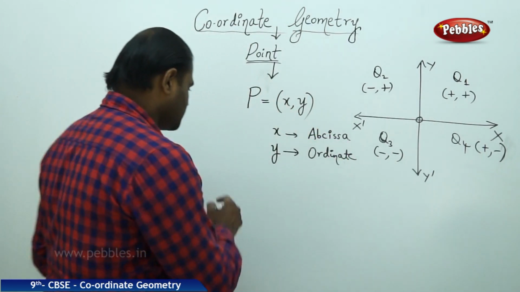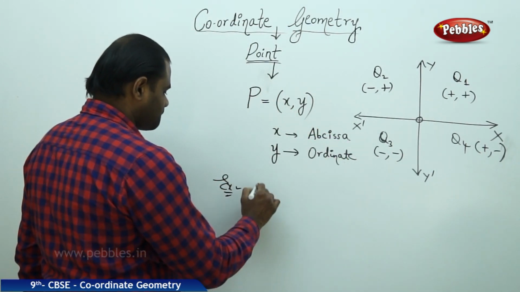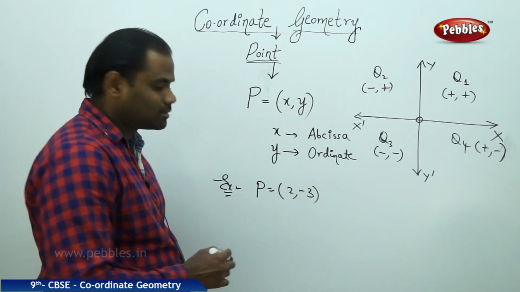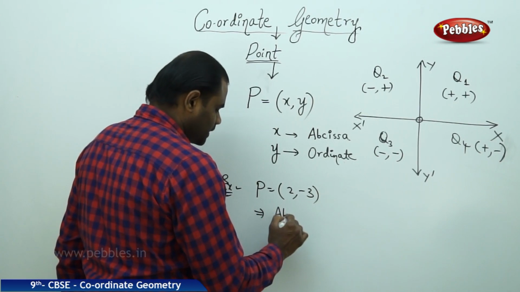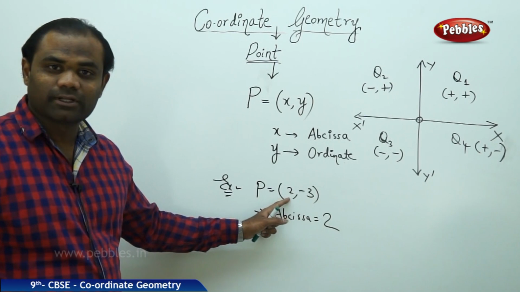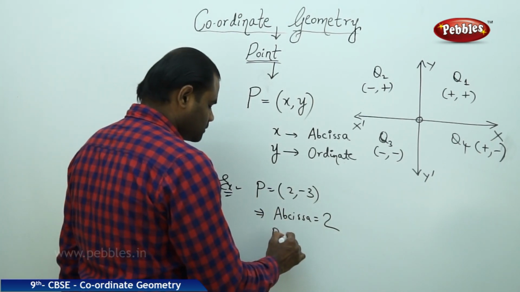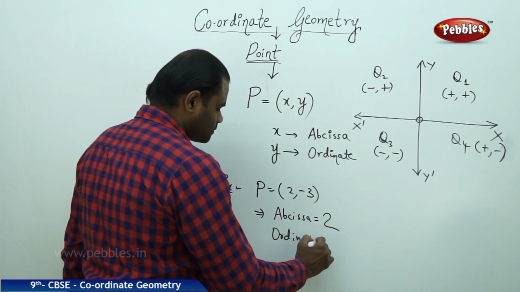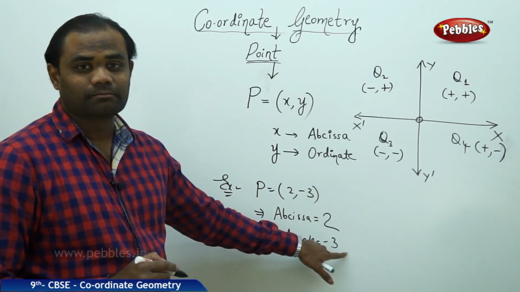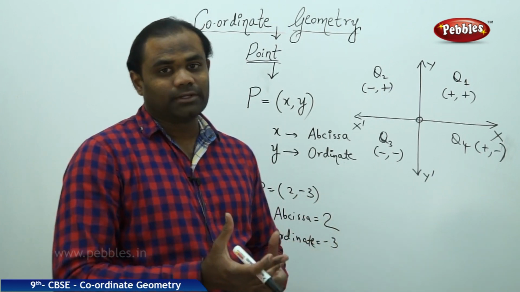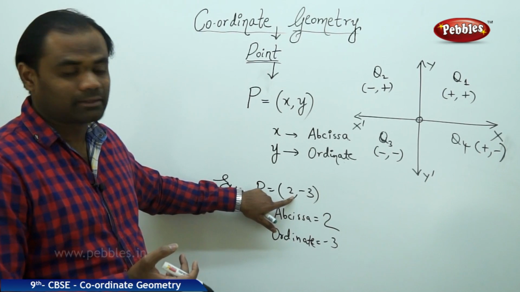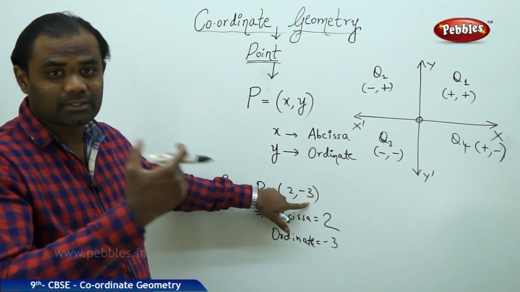So for example, if I take the point P as (2, minus 3), it implies my abscissa is 2, that is my x coordinate is 2, and my ordinate is minus 3, that is my y coordinate is minus 3. And overall, locating the point says that my point moves 2 units to the right and 3 units down.